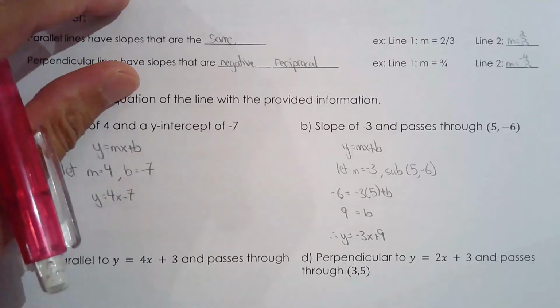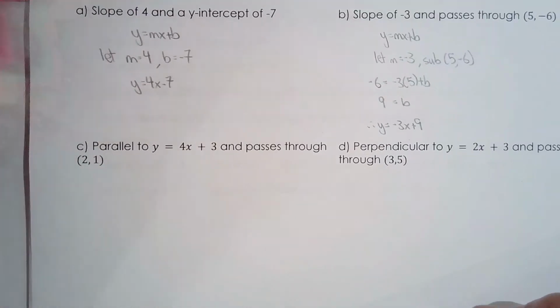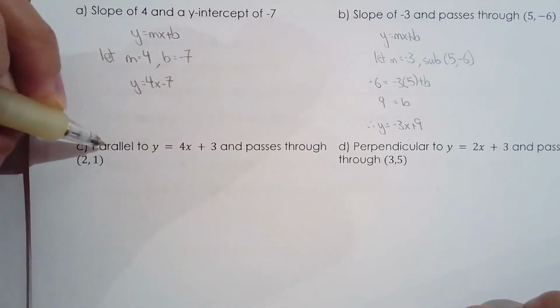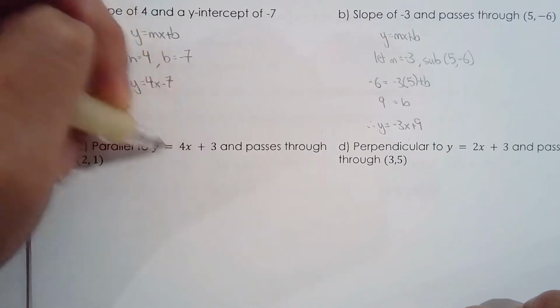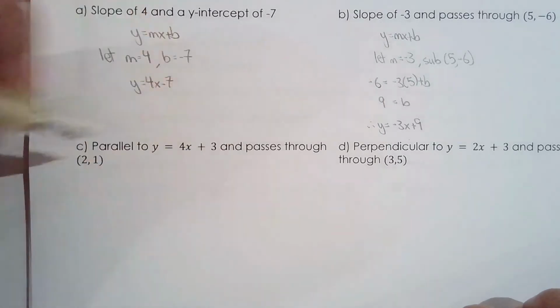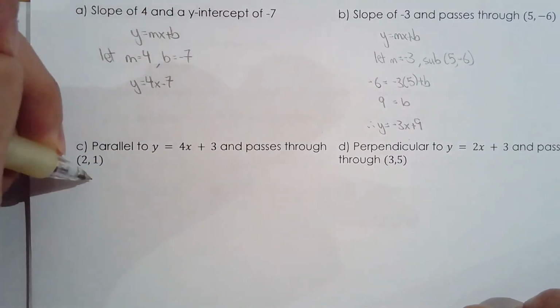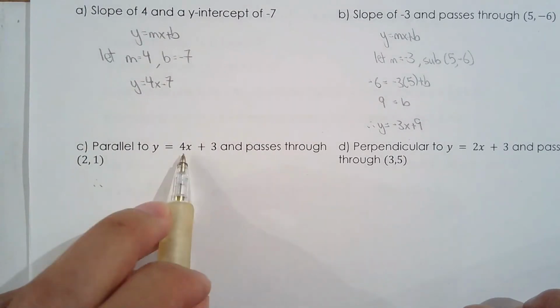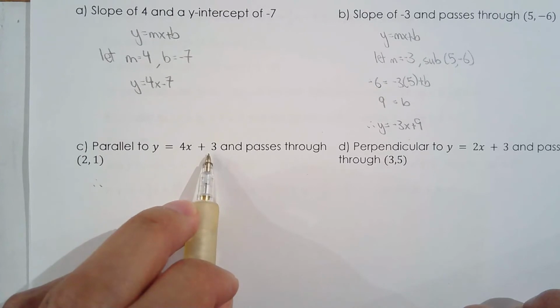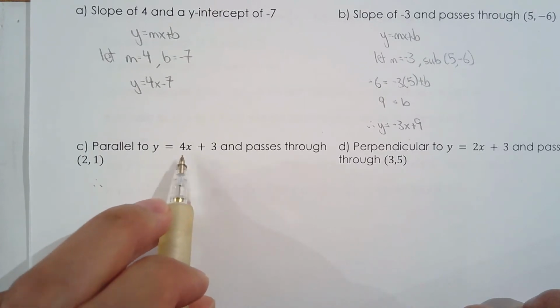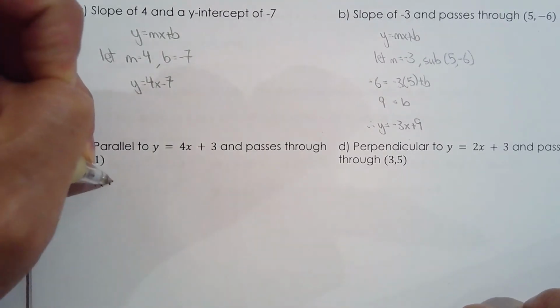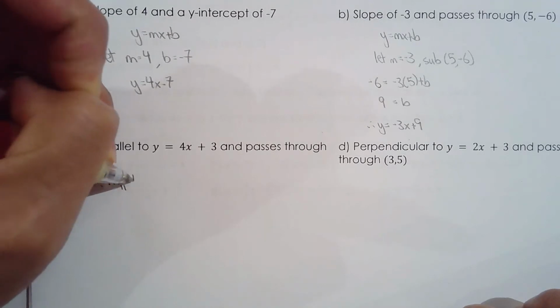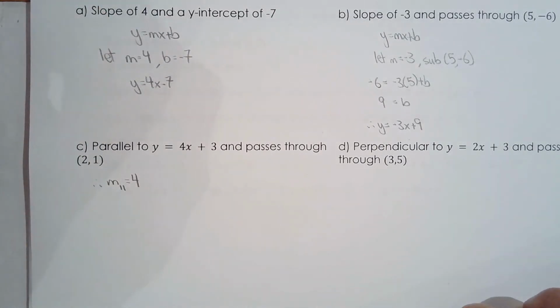Alright, so really the strategy is find the slope, find the y-intercept. So my line is parallel to y equals 4x plus 3, and it passes through (2, 1). So since the slope of y equals 4x plus 3 is 4, guess what? Your parallel line must also have a slope of 4.